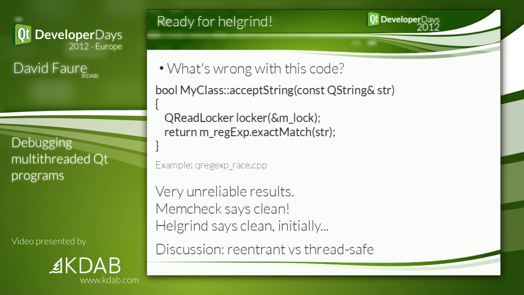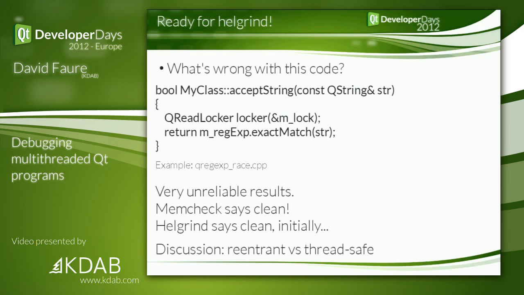If you look at the documentation in Qt, it makes a difference between reentrant and thread safe. What this means in Qt is a method is reentrant if you can call it from multiple threads on different instances of the object. And that's not what we're doing here. Reentrant really means there is no static thing inside, so it's okay to use the same method from multiple threads in different instances.